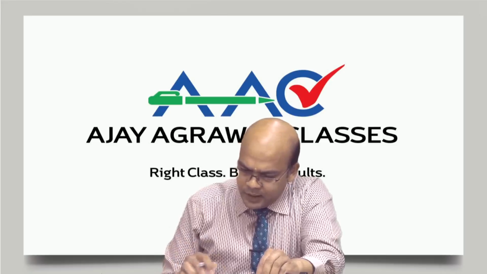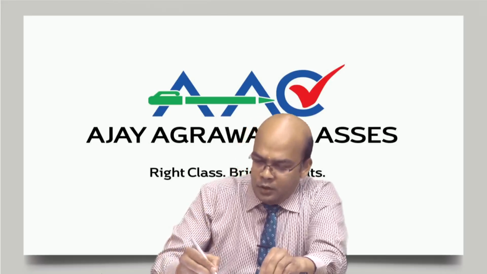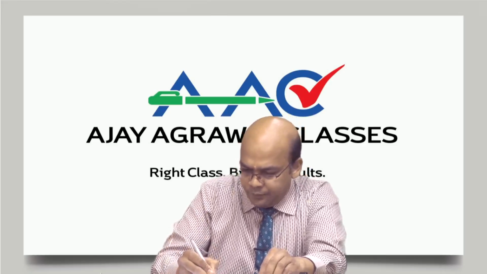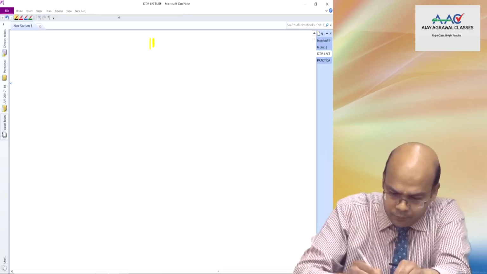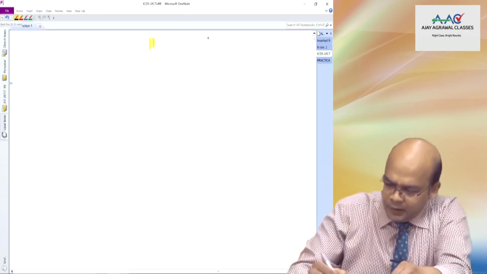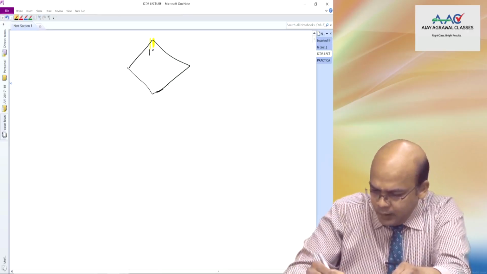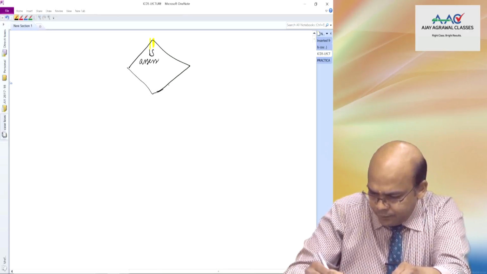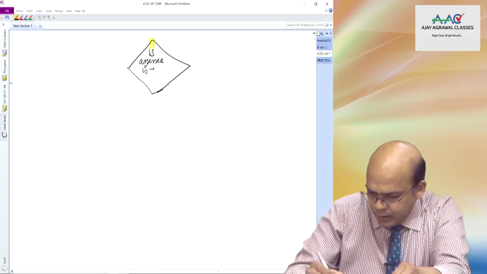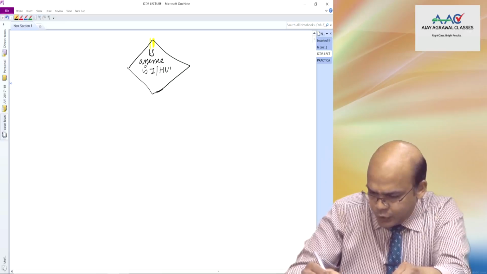Before that, just understand to whom ICDS is applicable. Now, simple thing, what criteria you need to check. Is the assessee an individual or HUF?